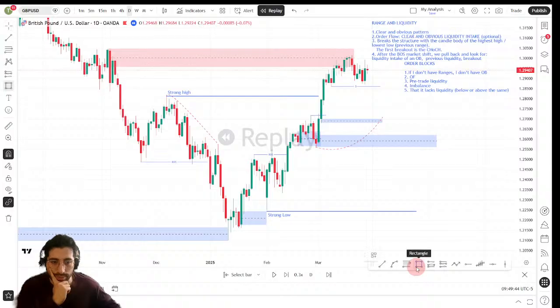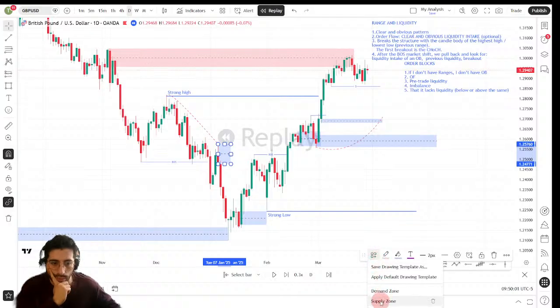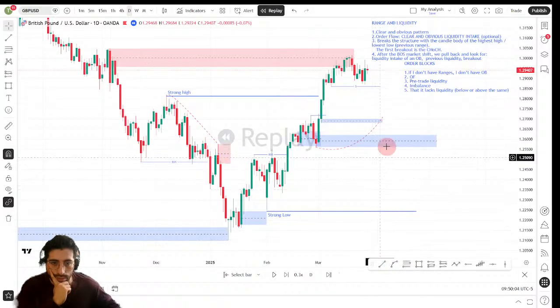Can you spot the order block on this range? There are plenty of them. Now, here is one, right? It is one order block. This is one order block. Here we have another order block.